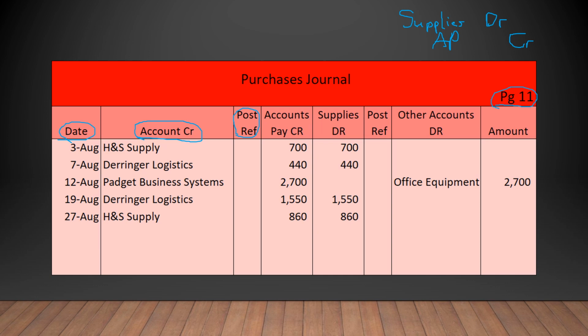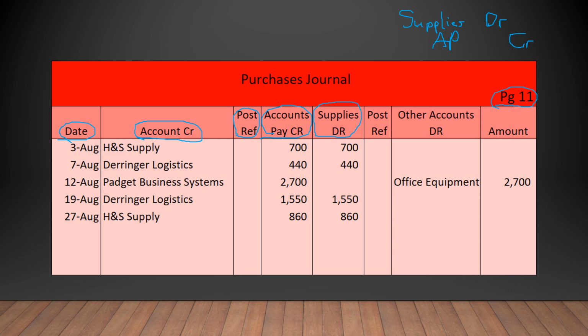However, other items can be purchased on credit as well, in which case supplies will not be the only debit. For this reason, this journal has a few additional columns. Most of the time when supplies are purchased on account, we'll put the amounts in the AP credit column and the supplies debit column.